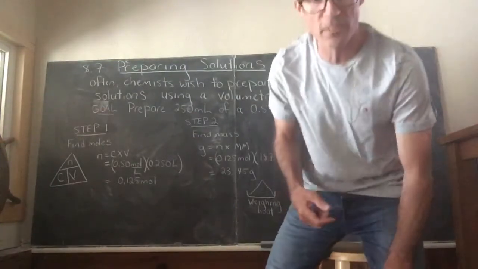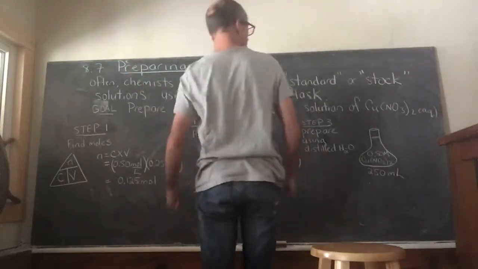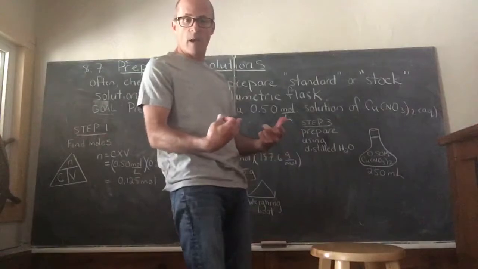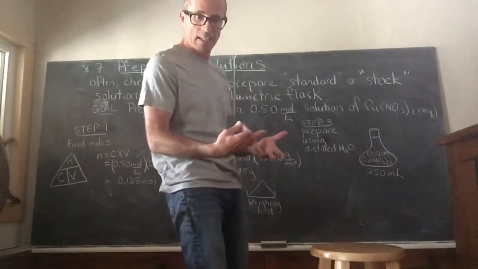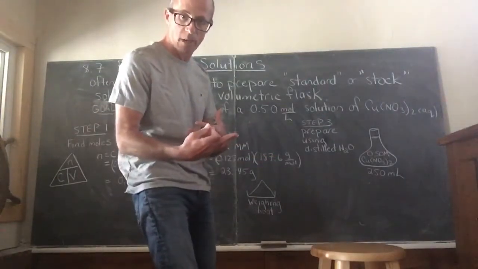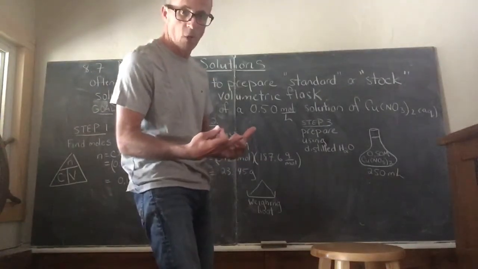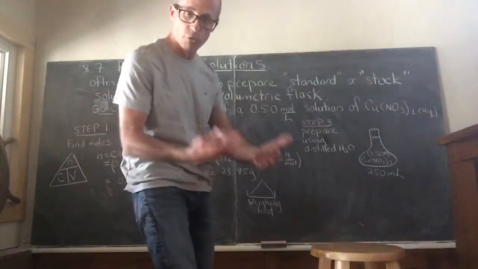So here are the steps that we want to go through. Obviously, as a chemist, we typically need to have a good supply of solutions on hand. In our science department, I'm typically the one that makes those up. And I always label my solutions. You should always label what they are, what's in them, and what is the concentration.